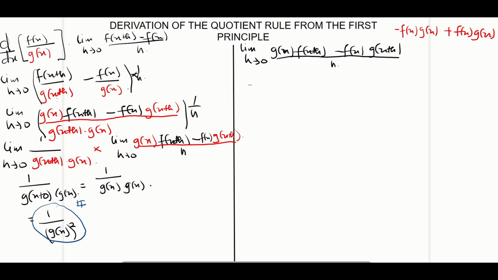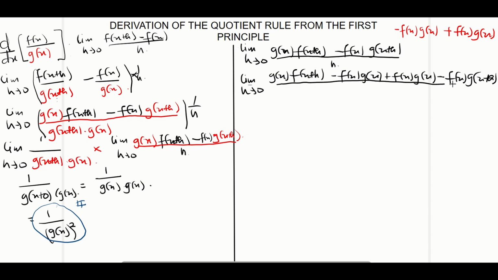So I'm going to get the limit as h approaches 0 of g of x f of x plus h, minus f of x g of x, plus f of x g of x, minus f of x g of x plus h, all over h.